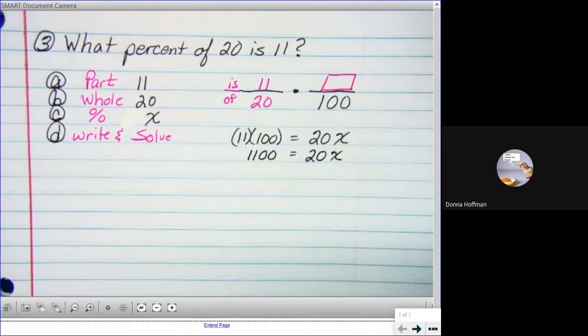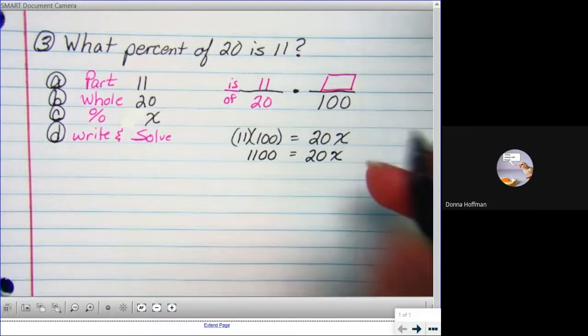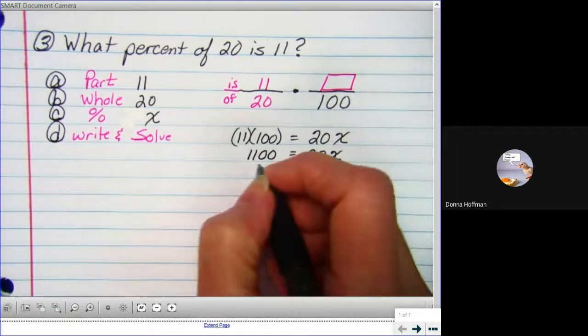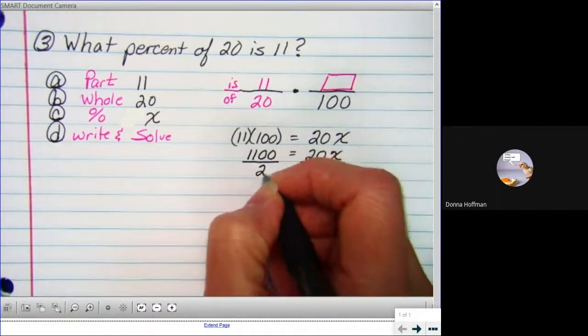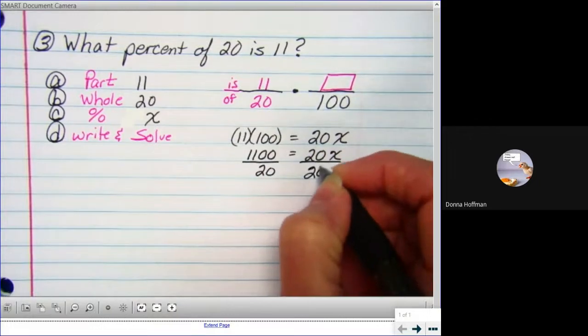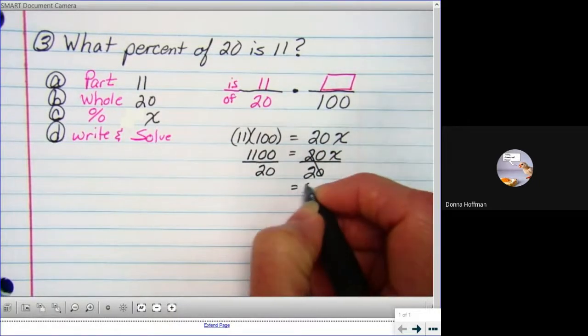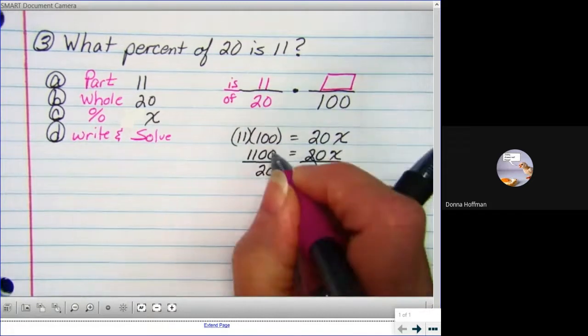And how do I get rid of the 20? Divide both sides by 20. Oh, look, 0, 0 gone.